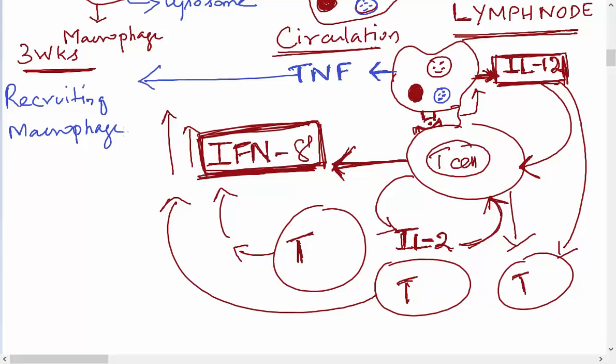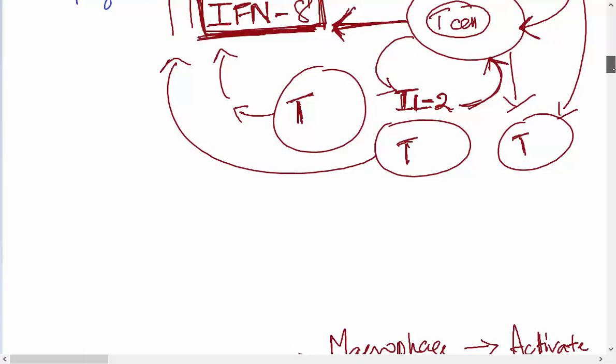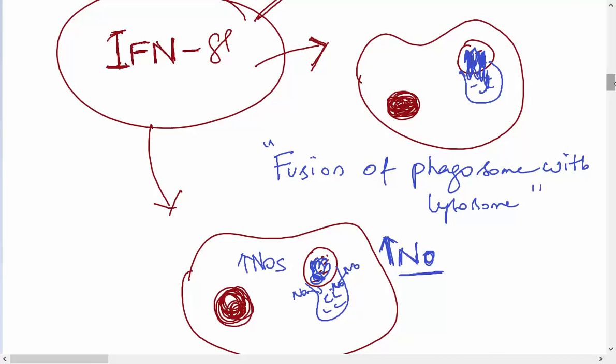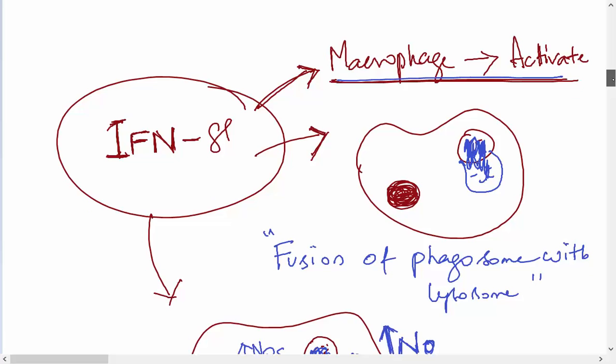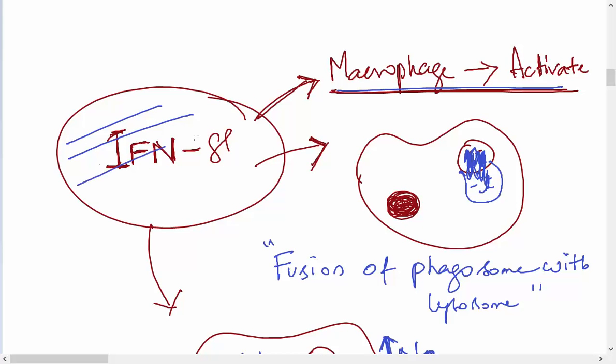Okay, so why am I telling this? This is very important. For example, if there is no interferon gamma, still they can bring the macrophage. Understand? Because of the TNF.